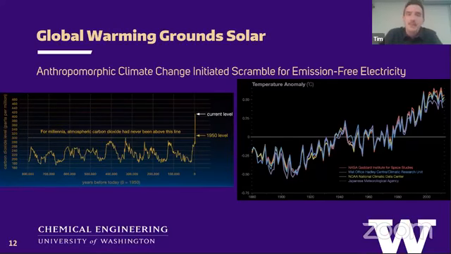Then in the 70s and 80s, folks started to really get attuned to this idea of anthropogenic climate change, this idea that we were polluting our environment, our gaseous environment, with a lot of carbon dioxide from fuel oil, from coal and natural gas byproducts.